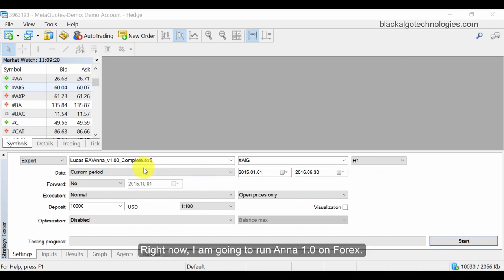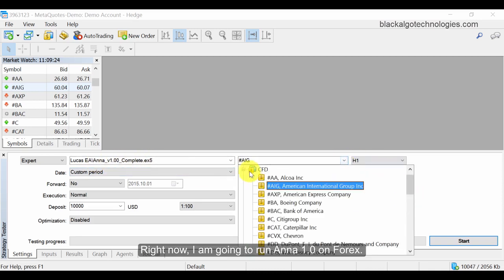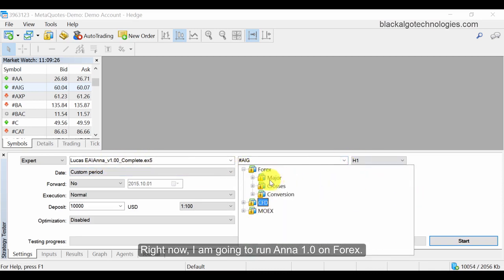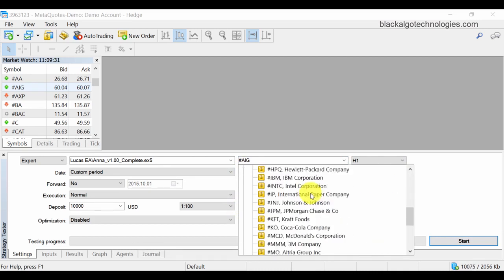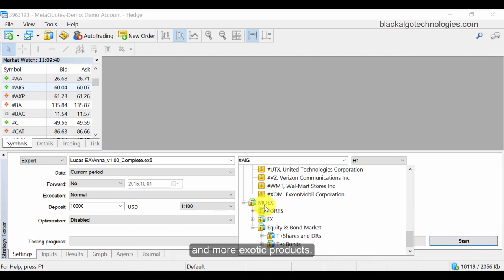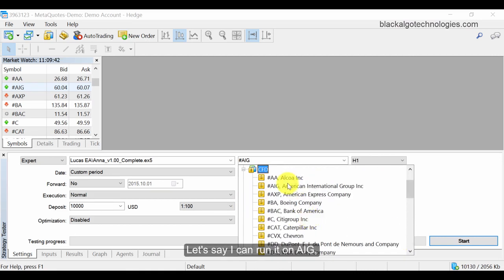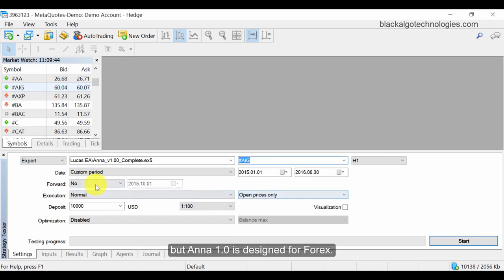Right now, I'm going to run Anna 1.0 on Forex. Note that you can run it on other things, CFDs, and more exotic products. So let's say I can run it on AIG, but Anna 1.0 is designed for Forex, not CFDs on equities.